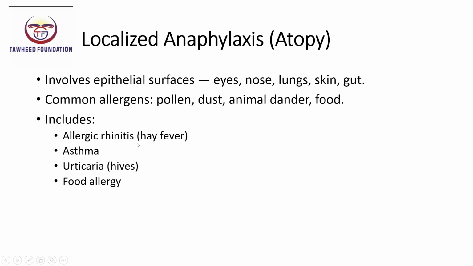Examples include allergic rhinitis, that is hay fever, asthma, urticaria, that is hives, and food allergies. In these reactions, mast cells release mediators at the site of allergen entry, causing symptoms limited to the affected tissues rather than a full body reaction.